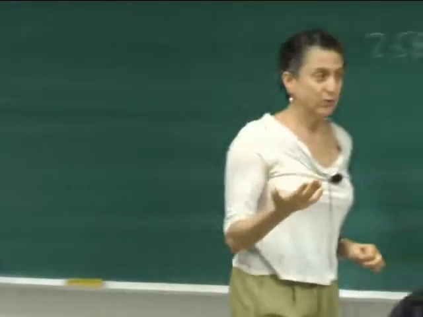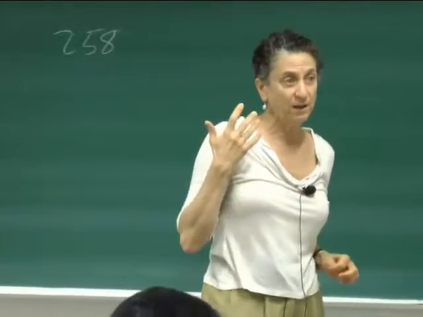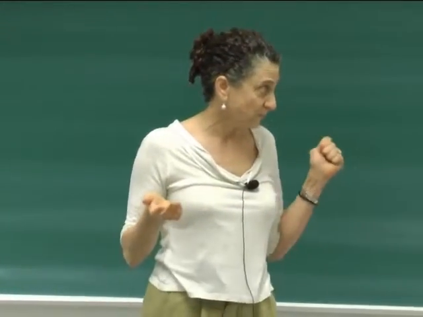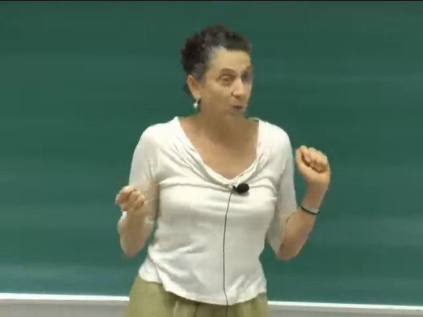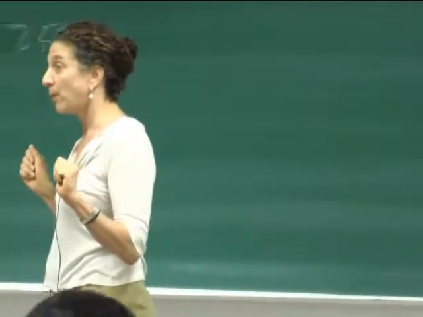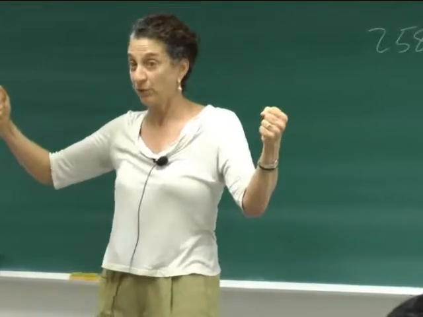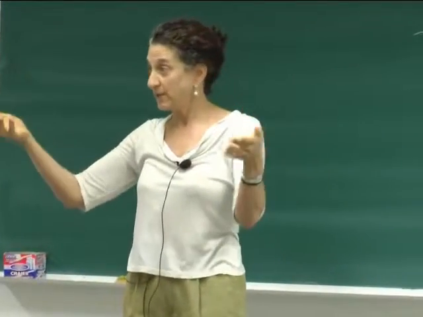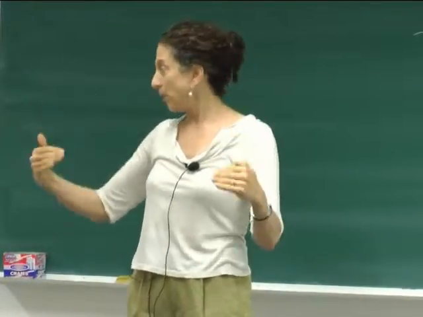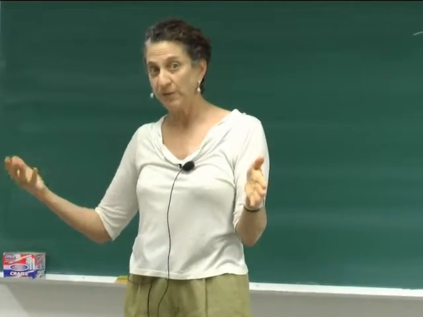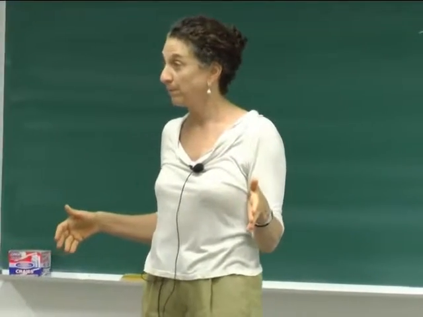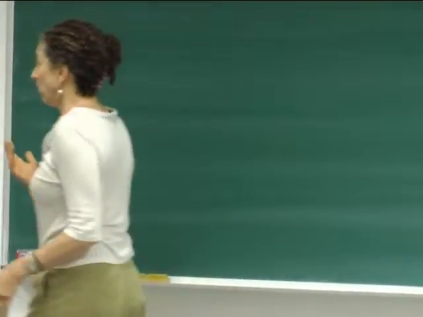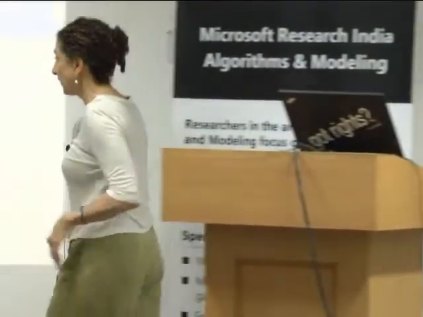So the sequence of responses is a random variable. And we want to bound the ratio of the probability of seeing any sequence of responses when the database is X over the probability of seeing that same sequence when the database is the neighboring X prime. That's the usual thing we need to bound.